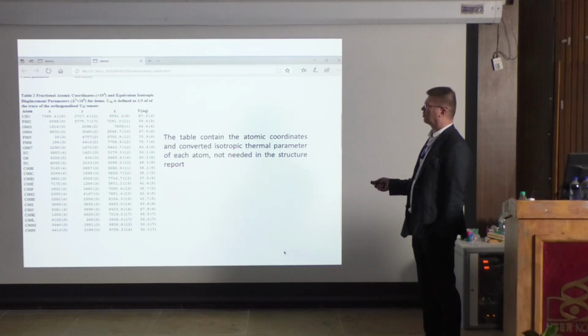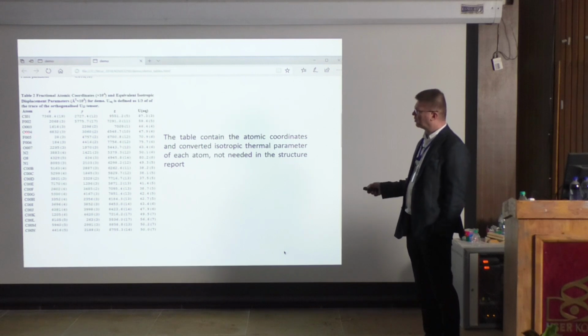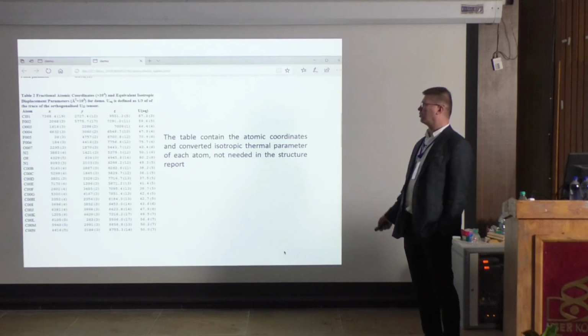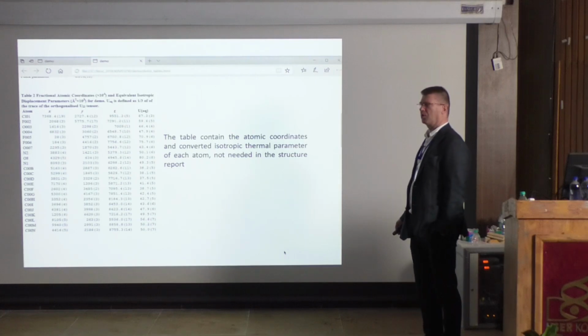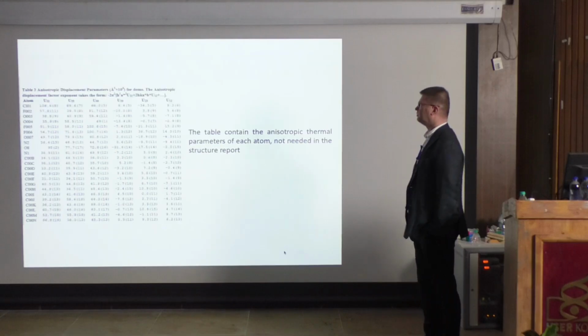But this is the fractional coordinates and the thermal parameters. So chlorine, fluorine, and so on, you can see the list is here. They are not in order, but they can be ordered. If you would have to write a report, normally it's not included in the report because it is in the zip file.